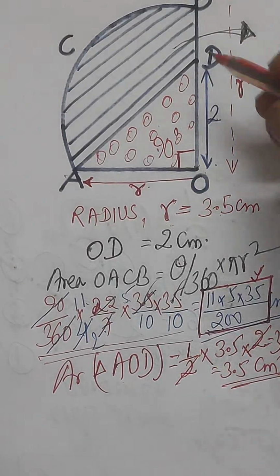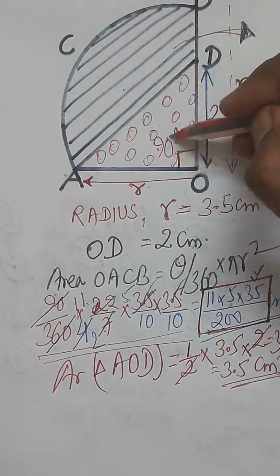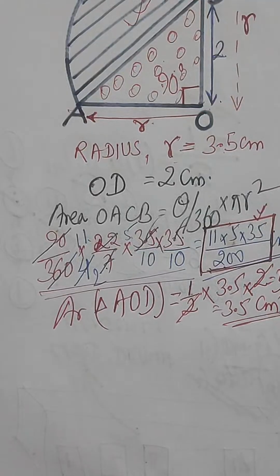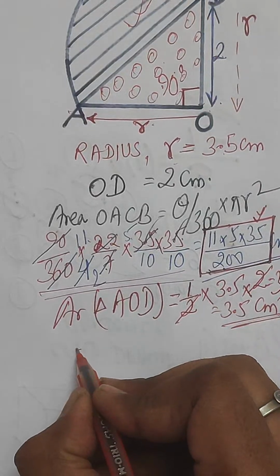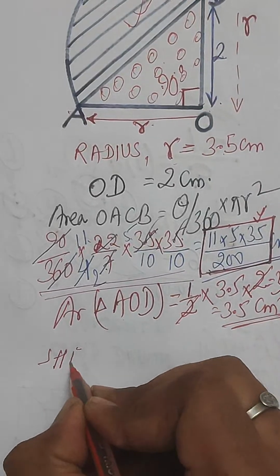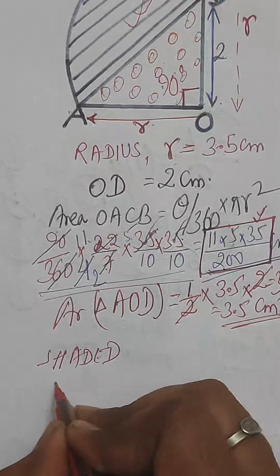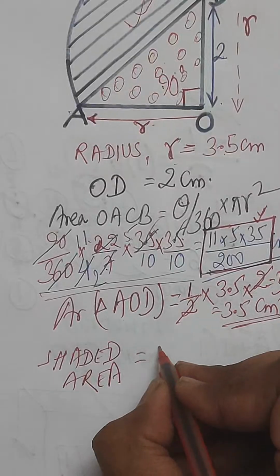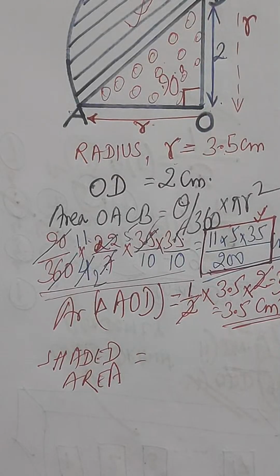Now what you will do: area of the quadrant minus area of the triangle will give you the area of the shaded region, right? So the shaded area is given as what?